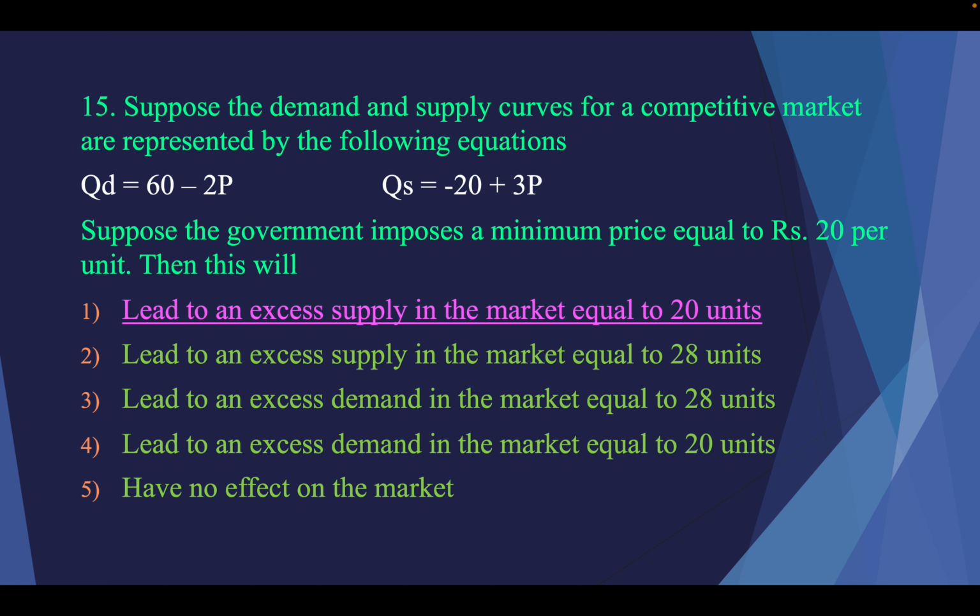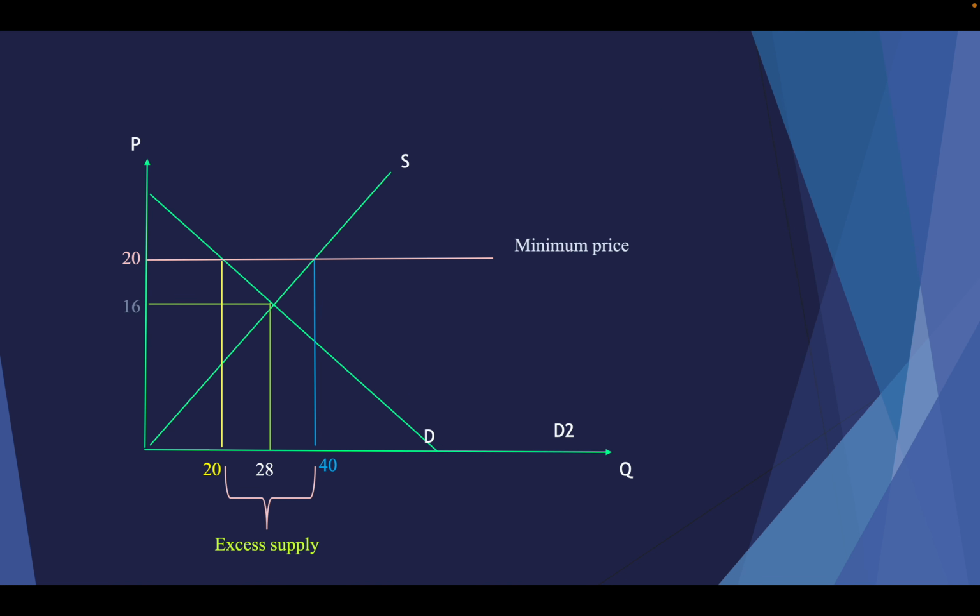So you have to draw the rough diagram like this. Okay, this is the rough diagram. So this is your equilibrium price 16, equilibrium quantity 28, demand and supply curves I draw, and at the minimum price like this 20.